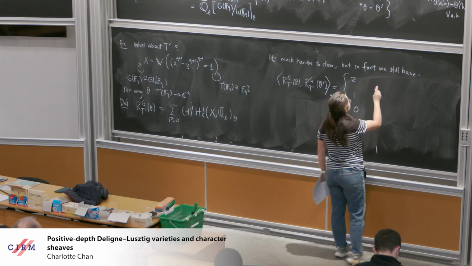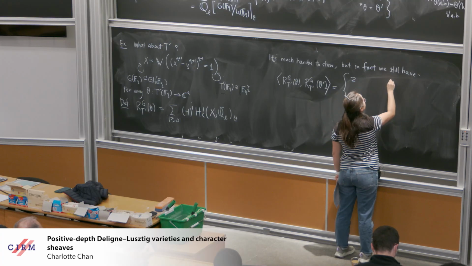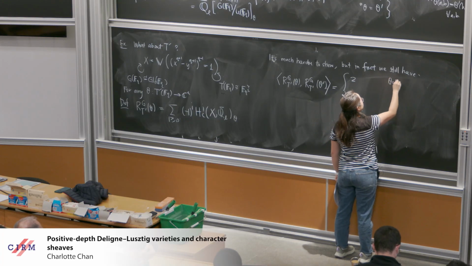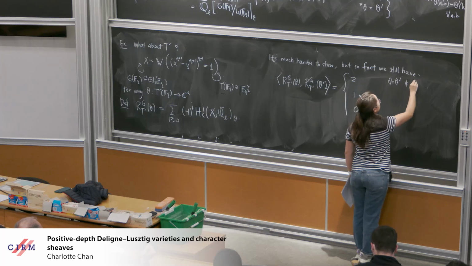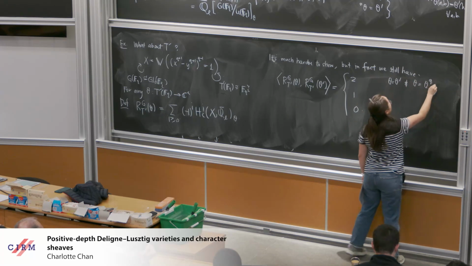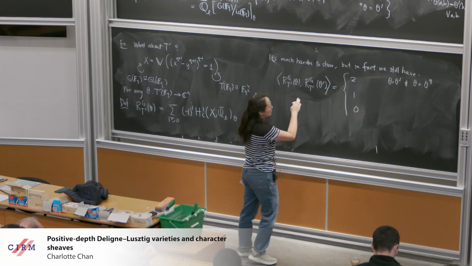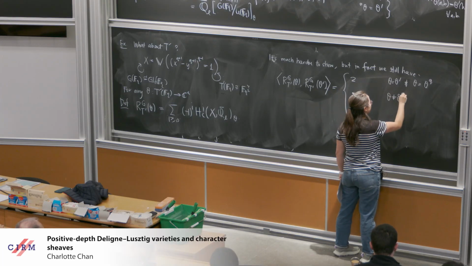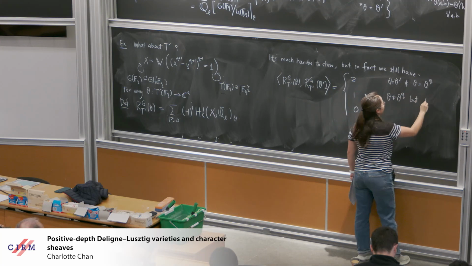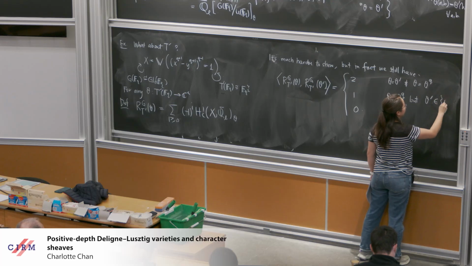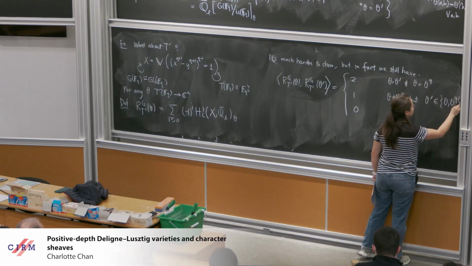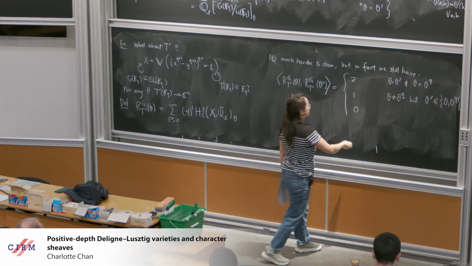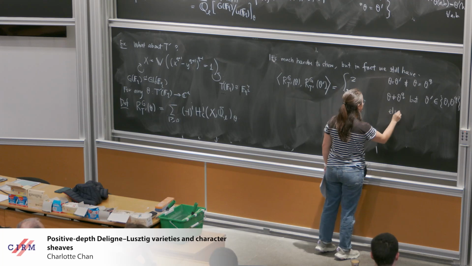And the condition here is going to be 2 if theta is equal to theta prime and theta is equal to theta to the q. It's going to be 1 if theta is not equal to theta to the q, but theta prime is one of theta or theta to the q. And it's going to be 0 otherwise.